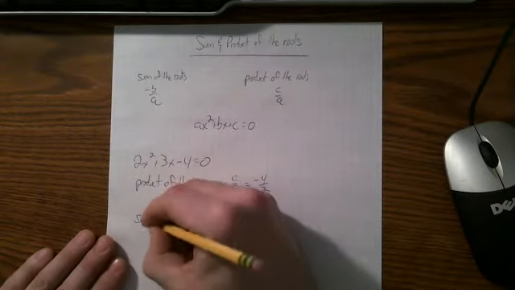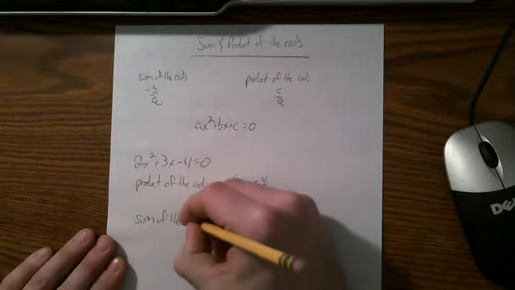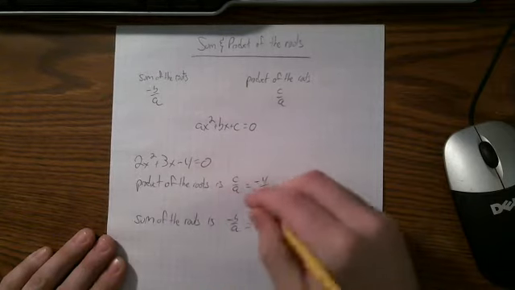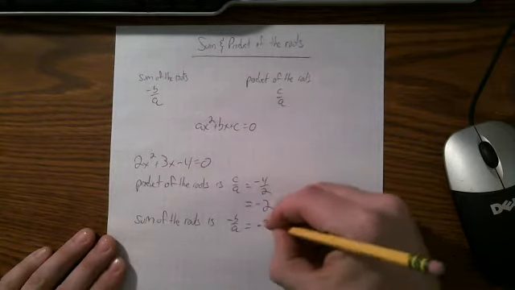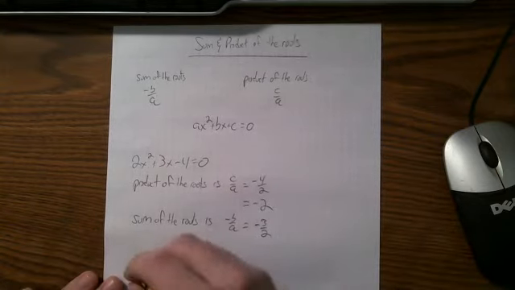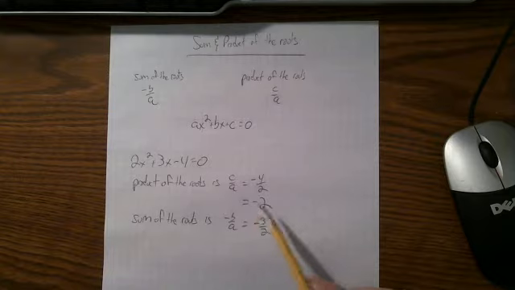The sum of the roots is negative b over a, which is negative 3 over 2. So this is telling me that if I were to multiply my roots together, I would get negative 2, and if I were to add my roots together, I would get negative 3 over 2.